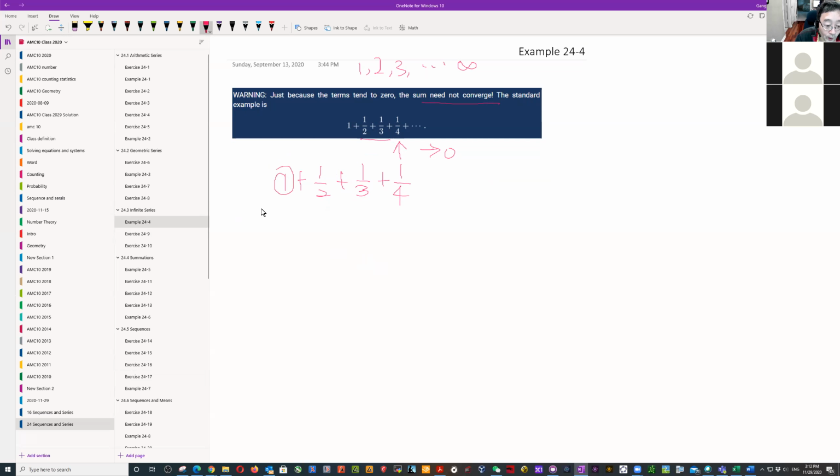Let's group this as 1, and then let's group those 3 terms. Those 3 terms will add up to bigger than 1, because you see the last term is 1/4. The middle term is bigger than 1/4, and 2 times 1/4 is 1/2. So this is bigger than 1/2. This is 1/2 plus something bigger than 1/2. So this is bigger than 1.